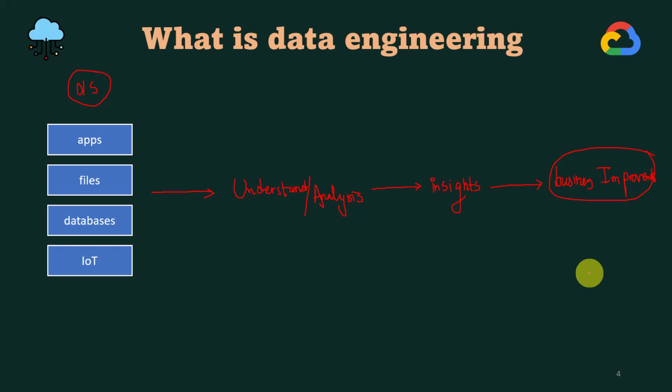All of these things come under business improvement. Whenever you are running a business, the main motto is to generate more income. If you want to generate more income, you have to come up with different plans to improve your business. So if you want to improve the business, you need to have some kind of insights on the business. Then only can you improve the business.